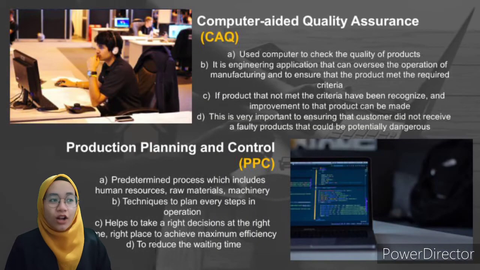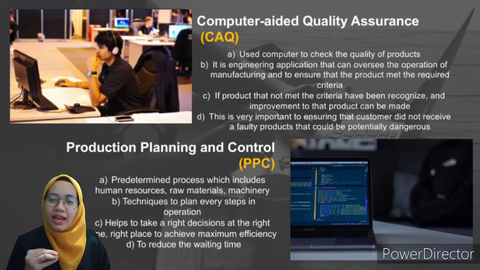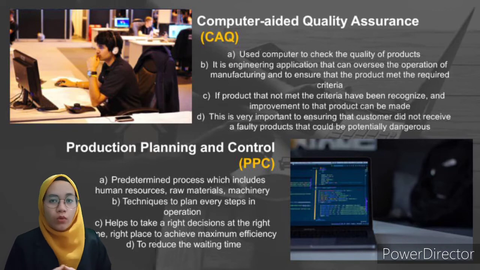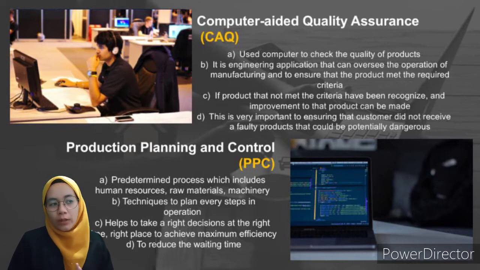Moving on to the next one, computer aided quality management. As the word quality suggests, of course we want to make sure that the quality of the product that we manufacture is good, so that the customer will be satisfied. CAQ means we use a computer to check the quality of the products.